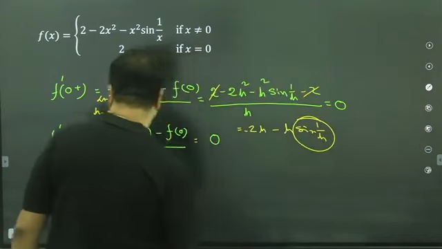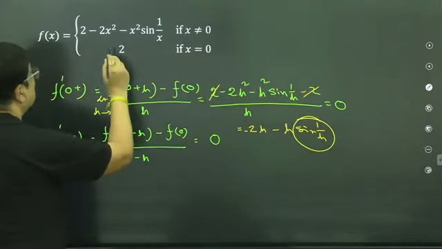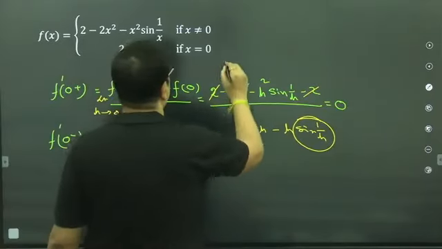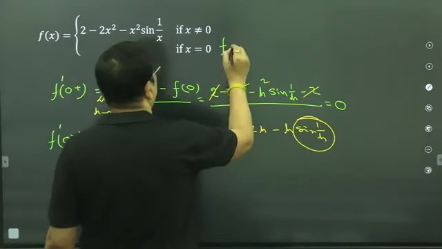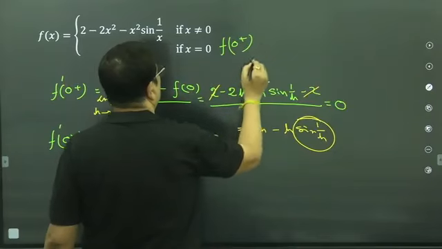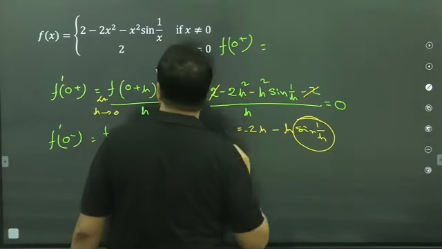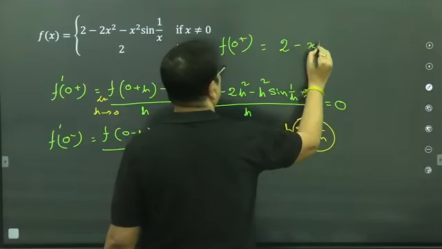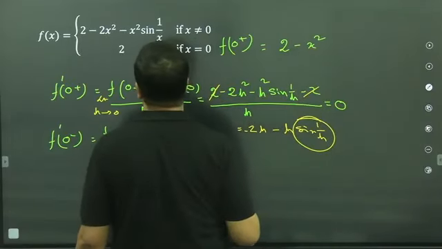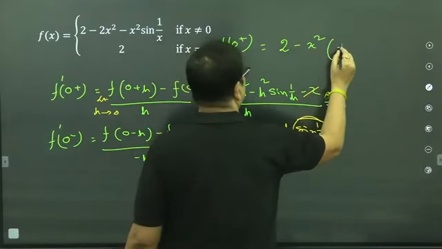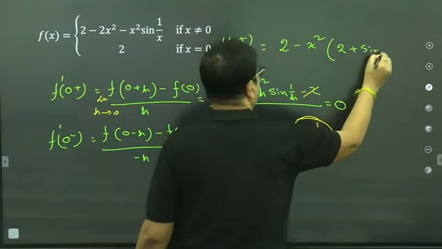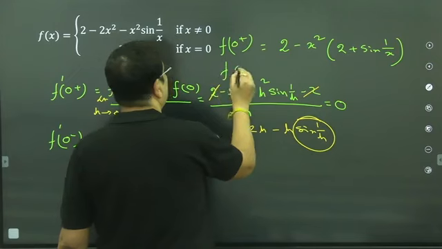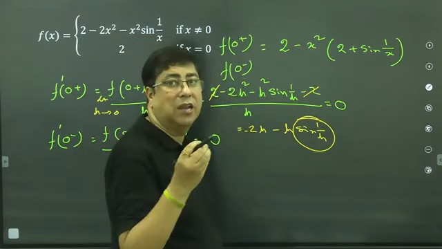Just see one thing. If f(x) is 2x² minus x² sin(1/x), so f(0+) or f(0−), let us see this. So 2 minus x² sin(1/x), if we take x² common, we get x² times (2 plus sin 1/x).